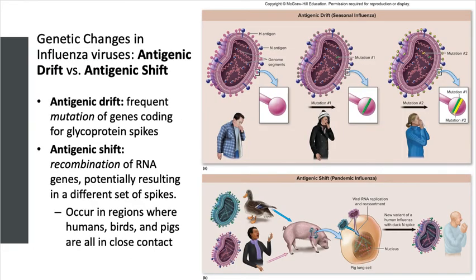All right. And so our regular seasonal flu, or our influenza B strains, undergo changes every year due to antigenic drift or mutations. And this is the reason why we need the flu shot every year, because the spikes change just a little bit on a routine basis.